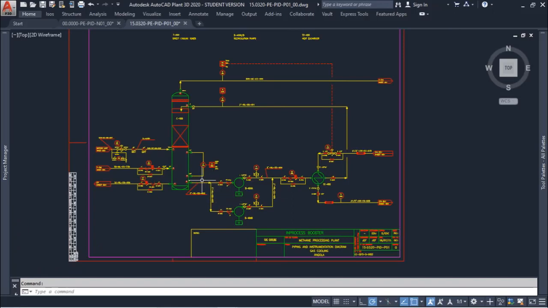And you can see also the arrows showing you the correct direction of the process.